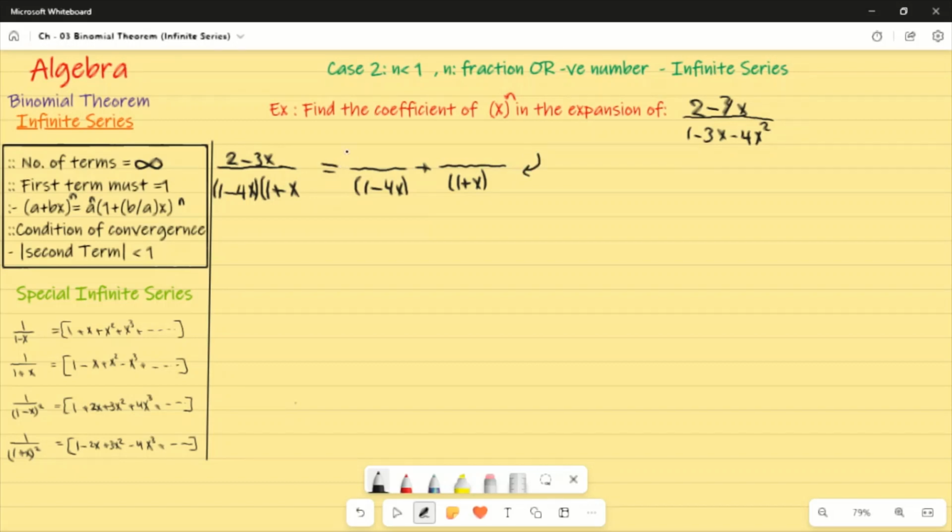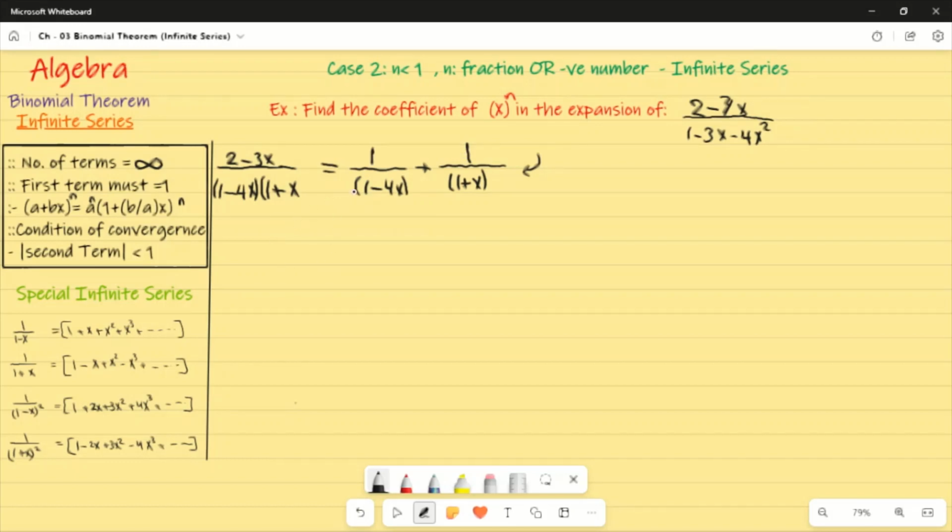Easily we can find these constants by the direct method as we know before, because we have two different linear factors. So here we have A, B, and by using the direct method we find A equal to 1 and also B equal to 1.